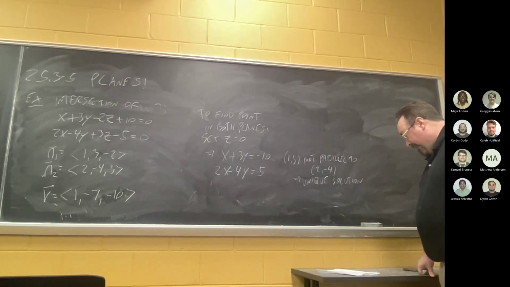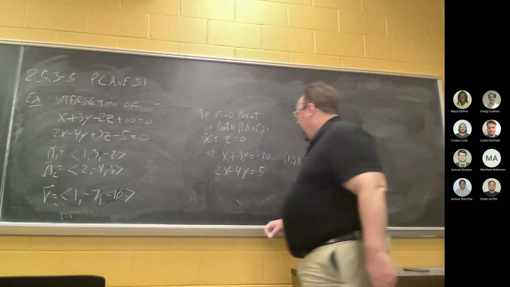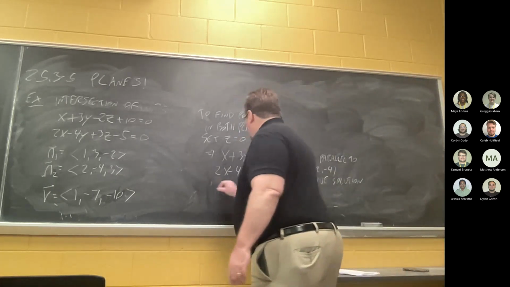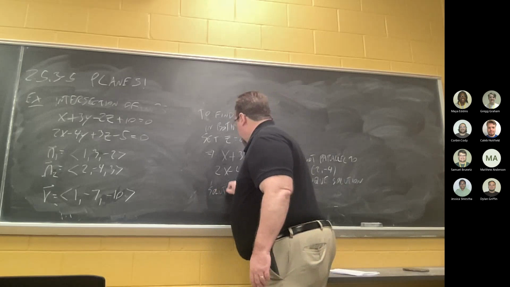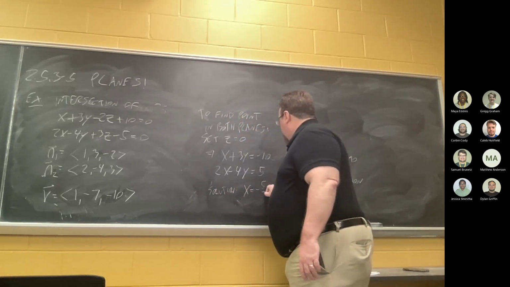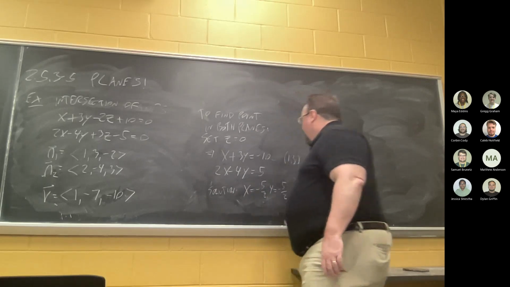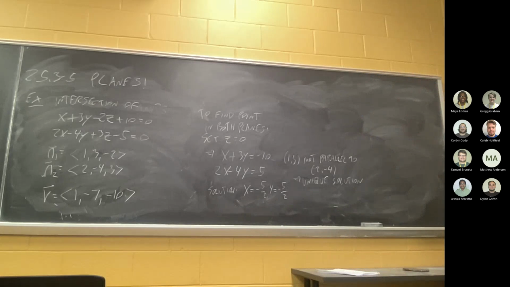I'm not going to go through all the algebra of solving it. So the solution turns out to be x is equal to -5/2, y is also equal to -5/2.